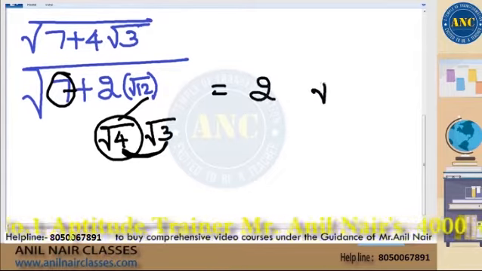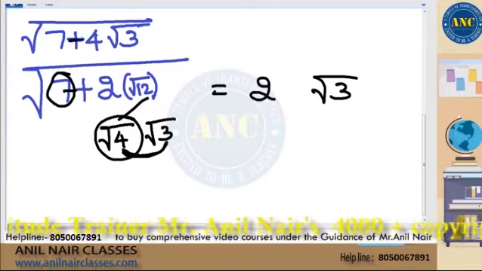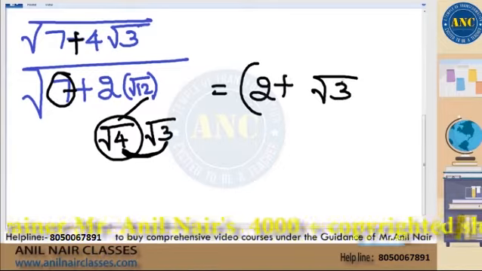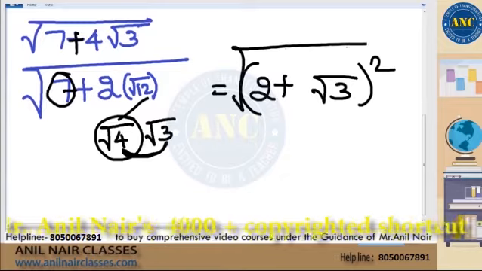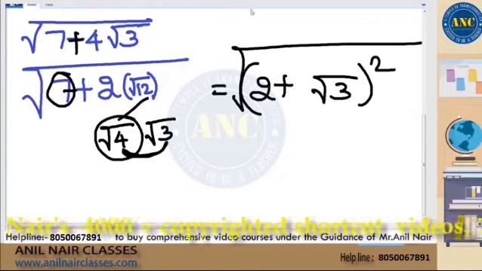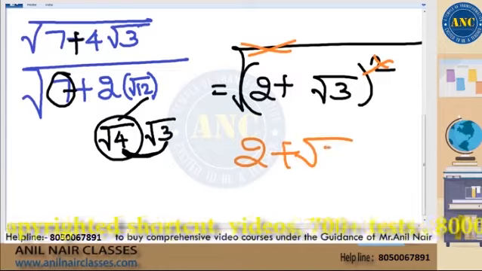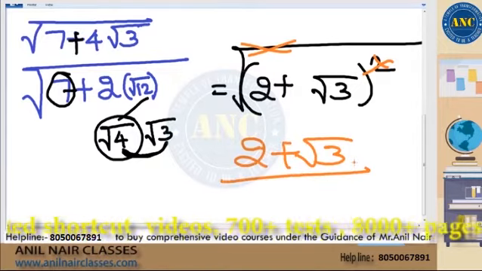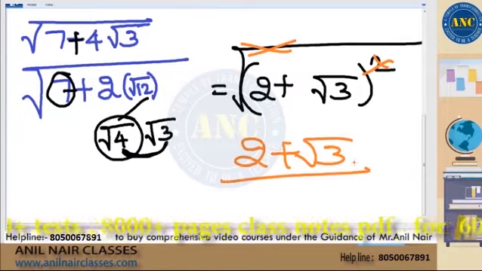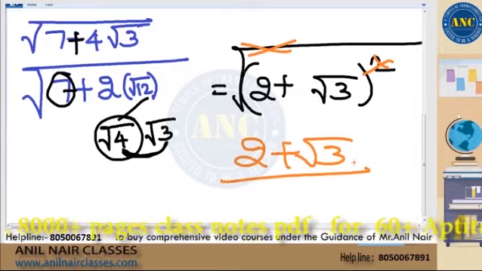Write down the second term root 3, and if it is plus here, write down plus, and then square it, and then find the square root. Instead of every time writing the square root and square, you can directly stop at this point. 2 plus root 3 should be the answer. First we will learn these varieties of problem, and then we will solve some tricky questions using this methodology.